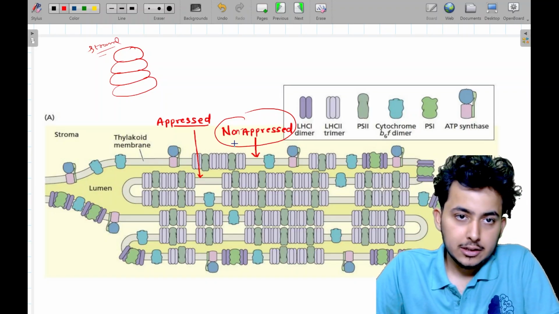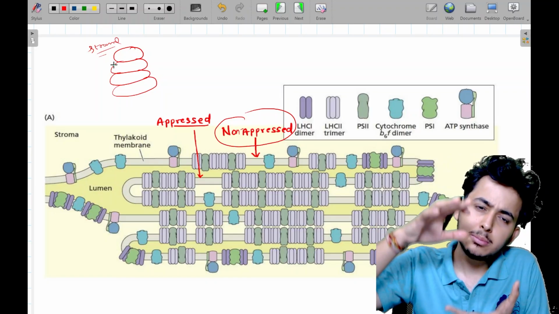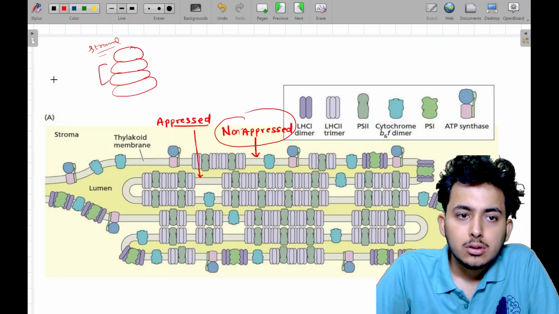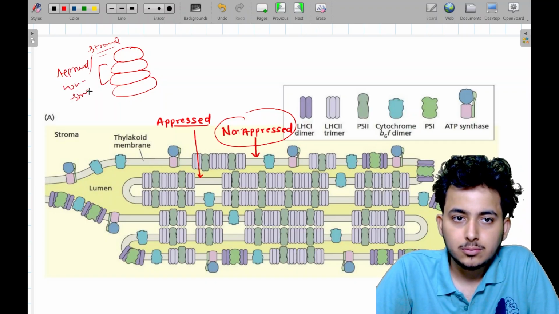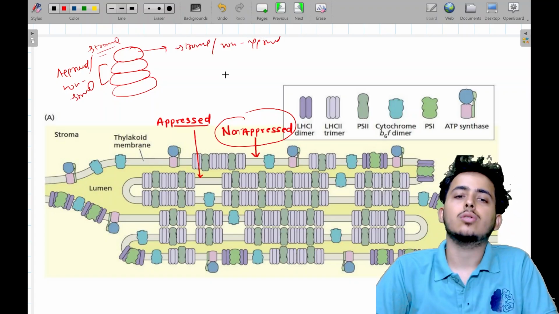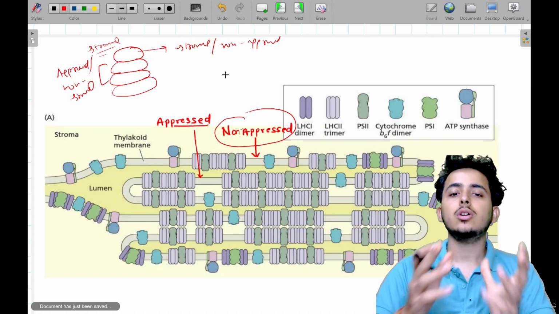And the ones which are sandwiched by the neighboring thylakoids are called appressed thylakoids, or non-stromal. These were stromal and non-appressed. So this was the classification of the thylakoids based on the accessibility to the stroma.